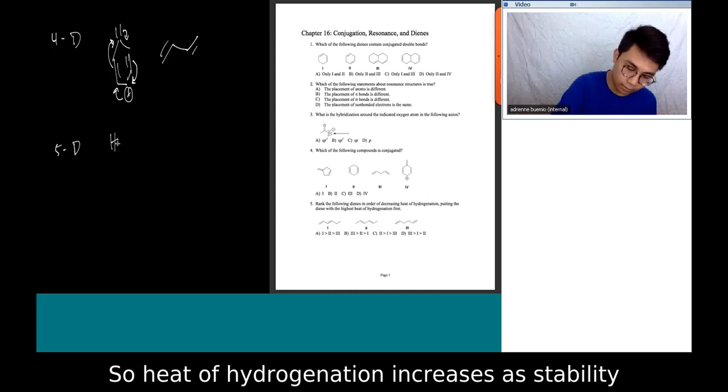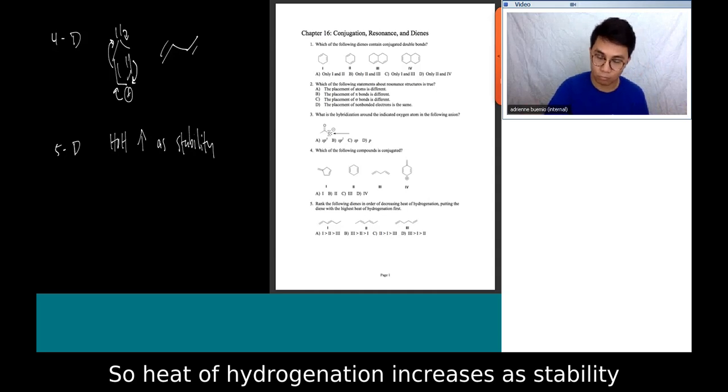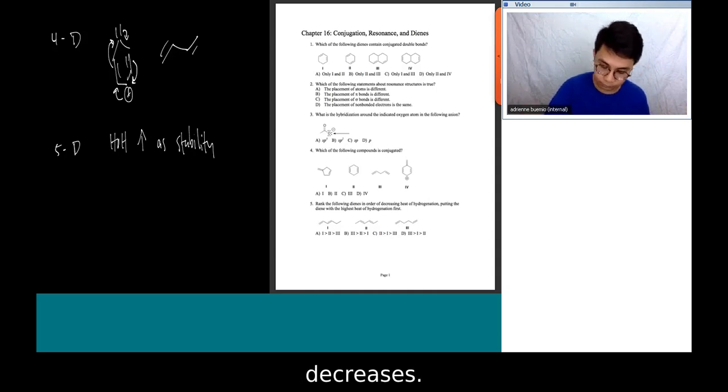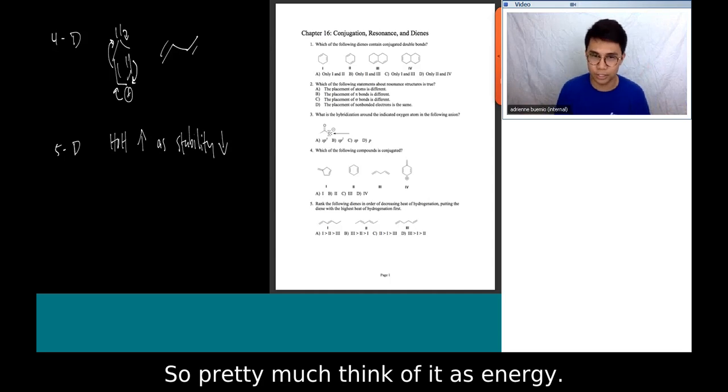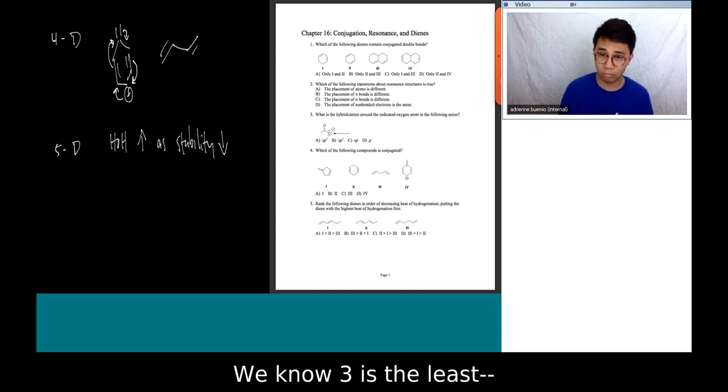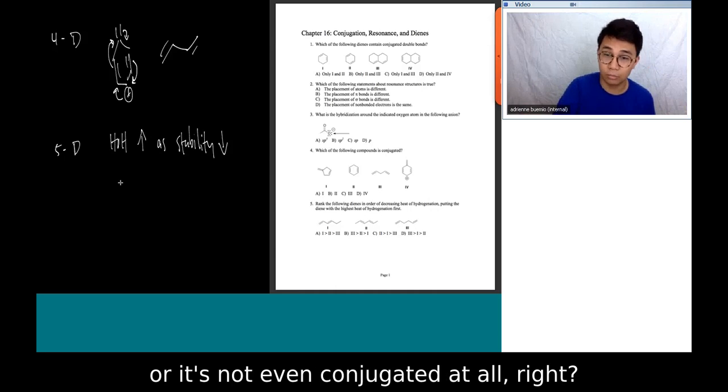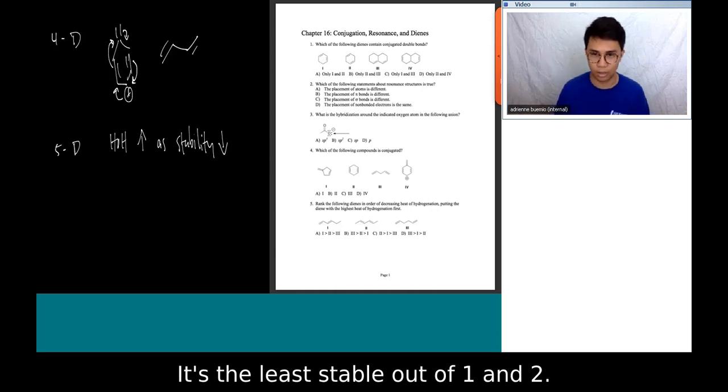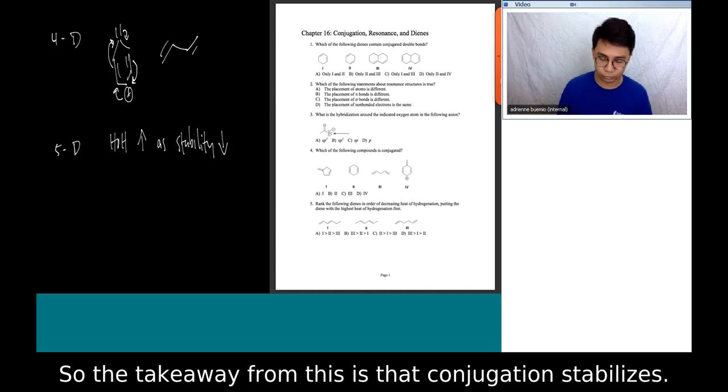So heat of hydrogenation increases as stability decreases, right? So pretty much think of it as energy. We know 3 is the least, or it's not even conjugated at all, right? It's the least stable out of 1 and 2. So the takeaway from this is that conjugation stabilizes, right?